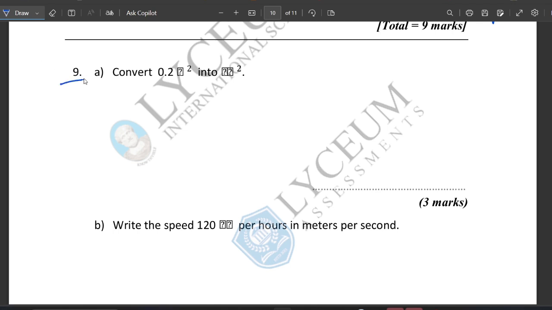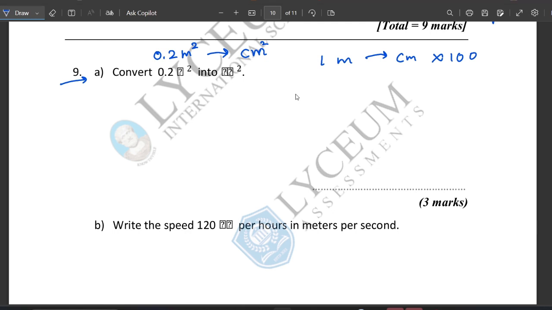This one is not visible. I think let's think of this as 0.2 meter squared into cm squared. So 1 meter into centimeters we have to multiply by 100.